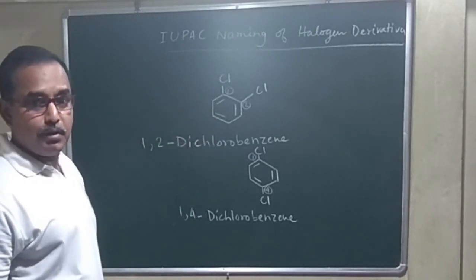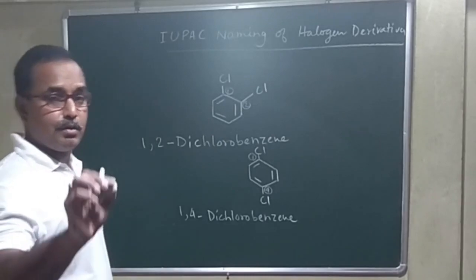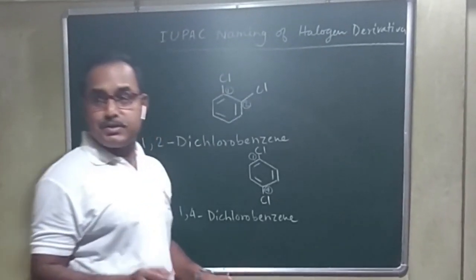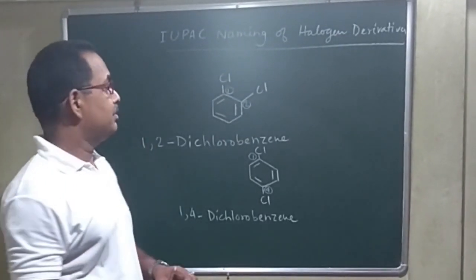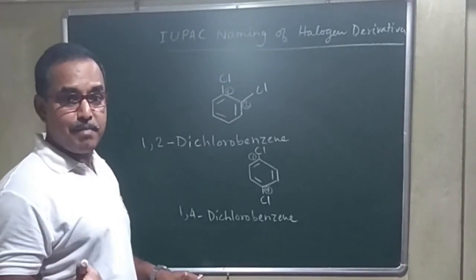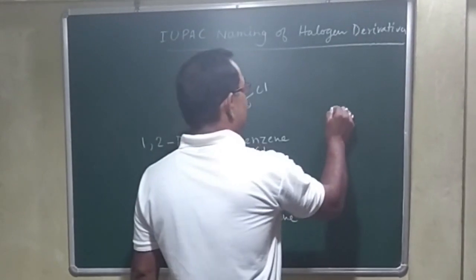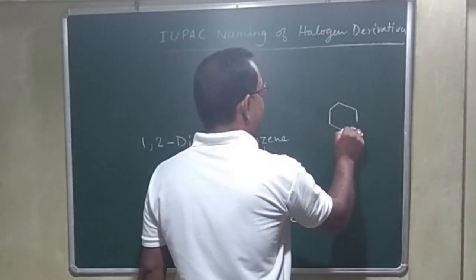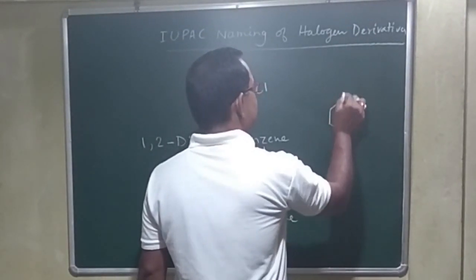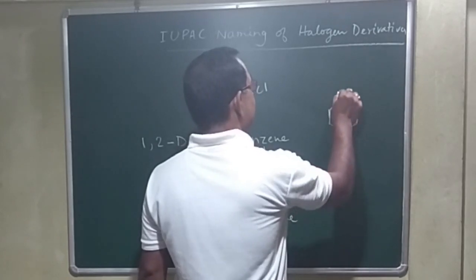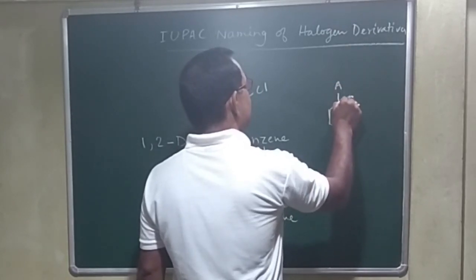In case of aromatic compounds, when it is substituted by a single group, then different positions can be named as ortho, meta and para. You all know that. Look at this. Suppose this is an aromatic system, benzene. There is a group, suppose A, here.